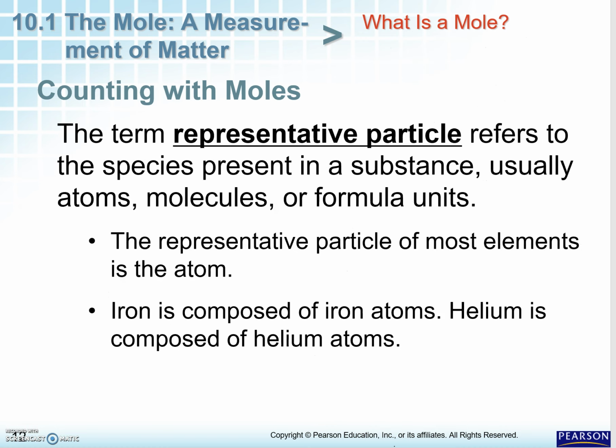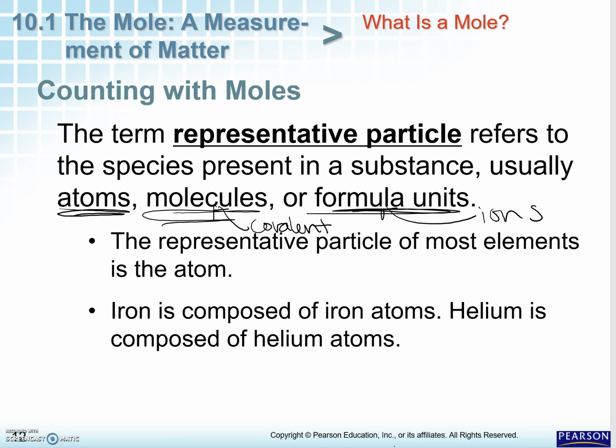So again, that representative particle is going to be a generalized idea, but we'll probably be talking about more specifically atoms, molecules, or formula units. Molecules are just your covalently bonded molecules, and your formula units are your ions.